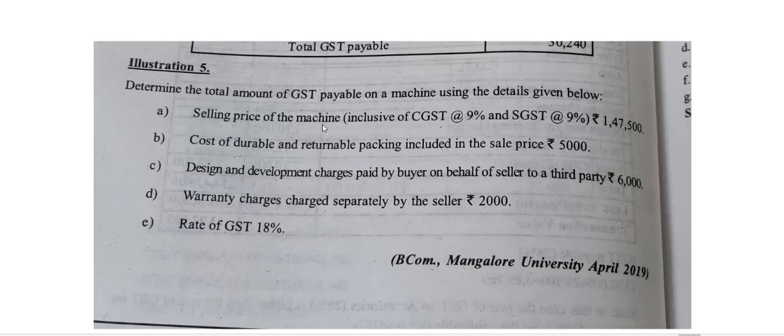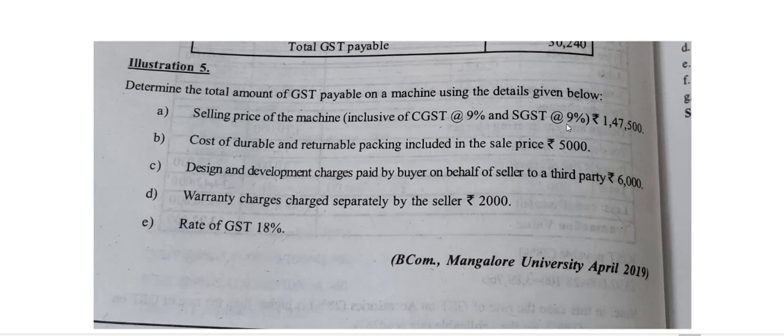Selling price of machine. So sale price or selling price is given as rupees 1,47,500. It is inclusive of CGST at 9% and SGST at 9%. If you recollect the format video that we had gone through, I clearly mentioned that the amount should always be exclusive of GST.